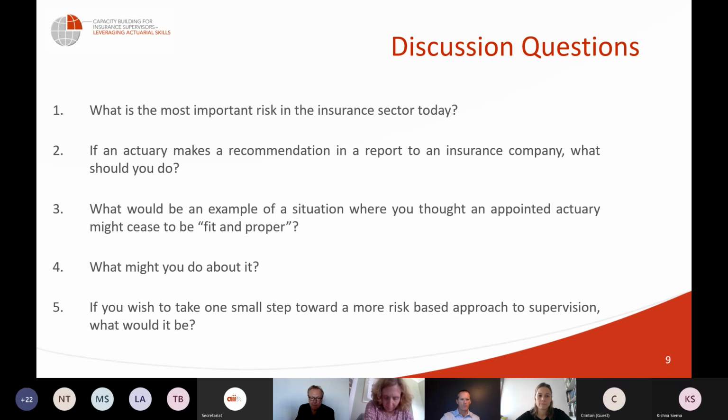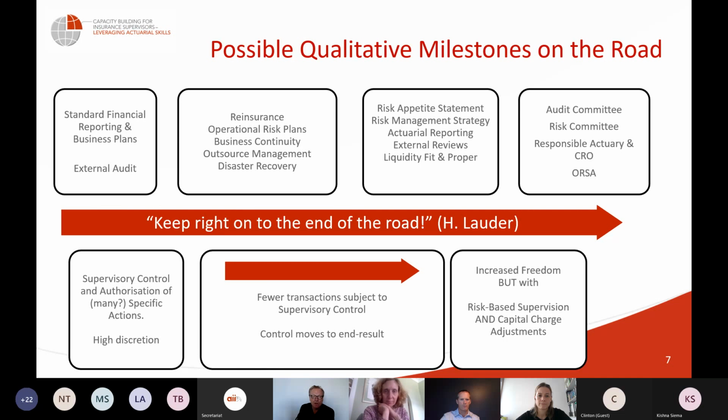Yes, so that reminds me also, if we just jump back to this slide, reminds me of this area of what the role of the actuary is, because I think one of the things you're doing when you raise the recommendations made by the actuary with the board, even if you're just saying these recommendations were made, can you tell us what the situation is in terms of addressing them?